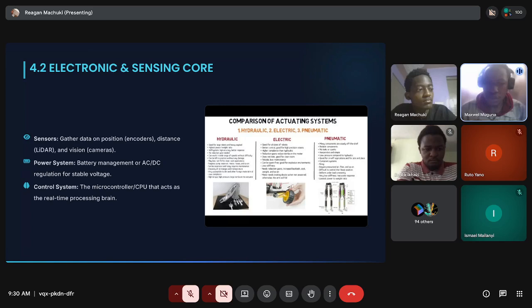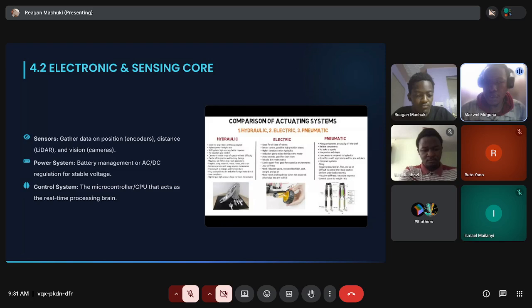We also have the control system, where we say that every robot, as we know, needs a brain, which we call a control system. Usually, this is a microcontroller or a computer, and this system processes all of the sensor data that we get. It runs algorithms and sends out the final commands to the actuators.